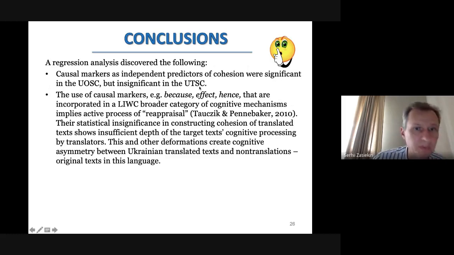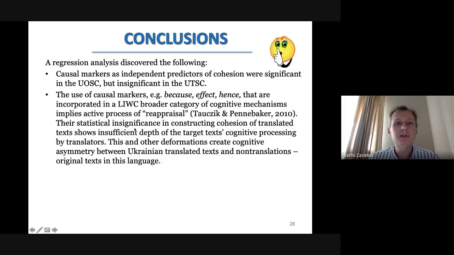Ukrainian translated corpus. And the use of causal markers like because, effect, hence, that are incorporated in the LIWC broader category of cognitive mechanism implies an active process of reappraisal. This is a term suggested by Tausczik and Pennebaker in 2010.